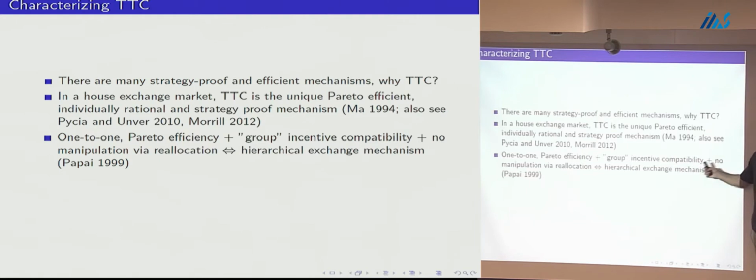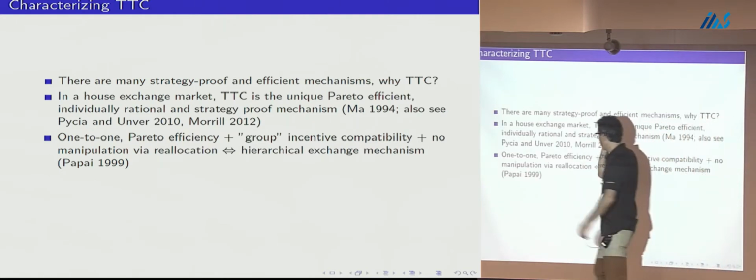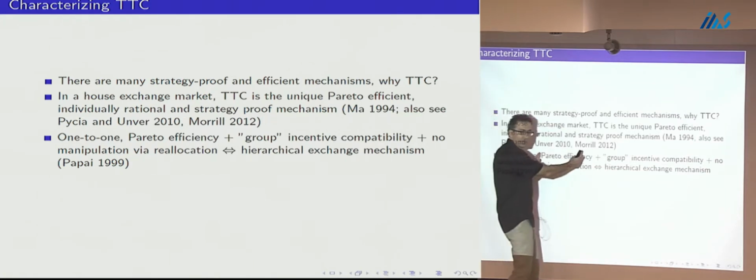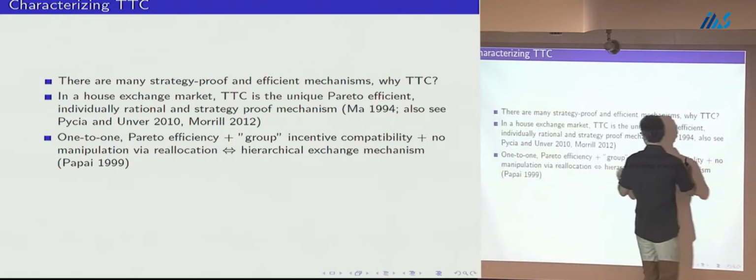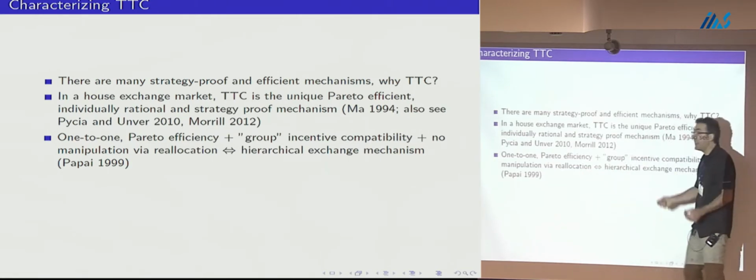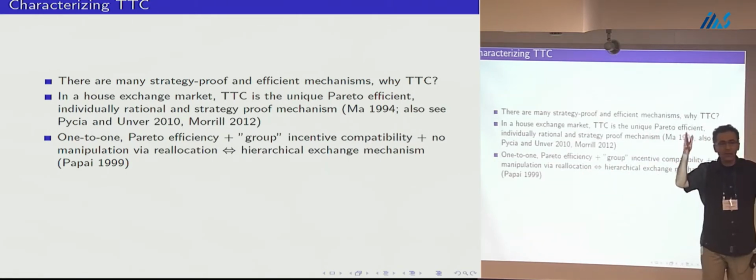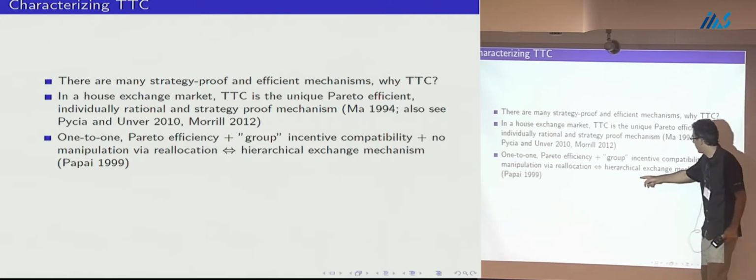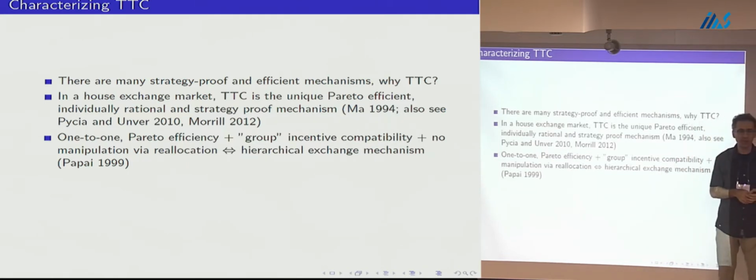Well, another one may be in a one-to-one market where each school can enroll at most one student. We have this nice characterization result. If we want Pareto efficiency, group incentive compatibility and no manipulation via reallocation, then there must exist some kind of priority structure, which Papai calls an ownership structure.